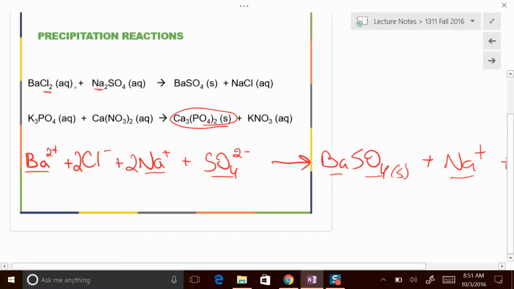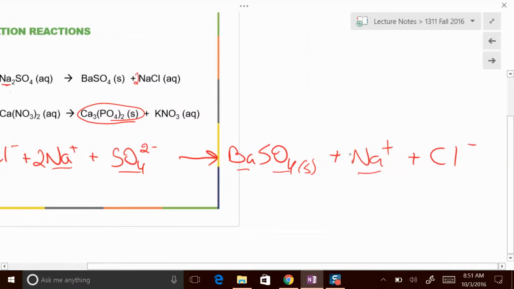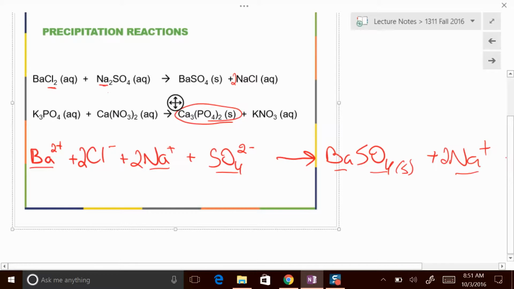So this isn't balanced either. Okay? That's the balanced equation. So you see how it's Cl2 here? That means I need 2 Cl minuses, to have this balanced chemical equation.